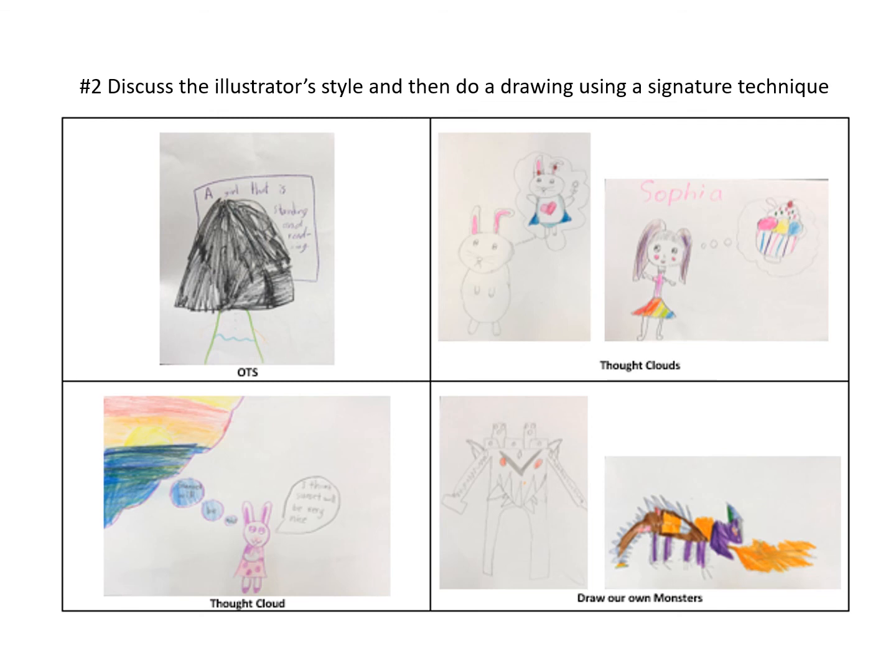And then we've also got some examples of drawing our own monsters. So that's the kind of thing I mean when I say that you've got that second option where you can actually do some drawing and not just stop at the recording, or actually skip the recording of the style and do the drawing instead.